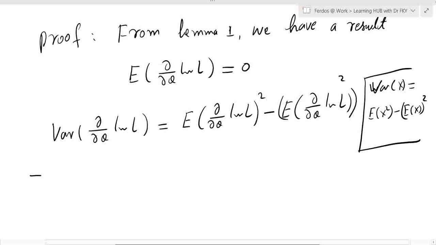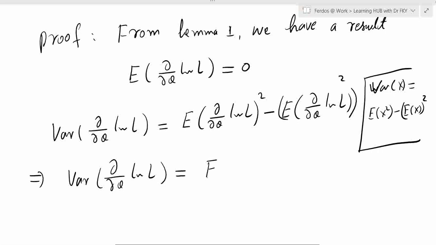This means that the variance of the partial derivative with respect to theta of log is equal to the expected value of the partial derivative with respect to theta of natural log, whole square. So this is equation 1.